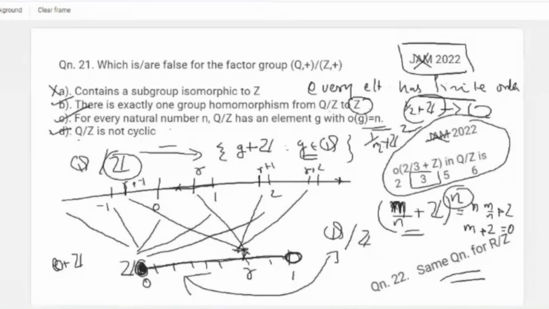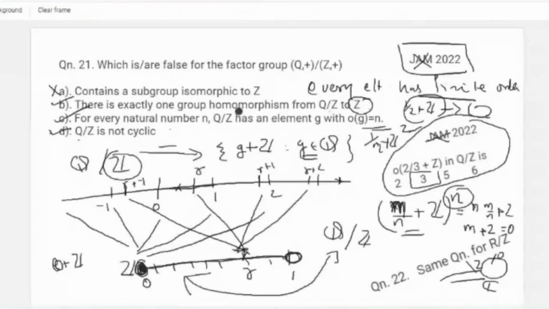Corresponding to every real number between 0 and 1, you have an element in R over Z. As 0 and 1 are identified, you will get the units as a subset of C. The units are a multiplicative group. So this group is isomorphic to that multiplicative complex subgroup.